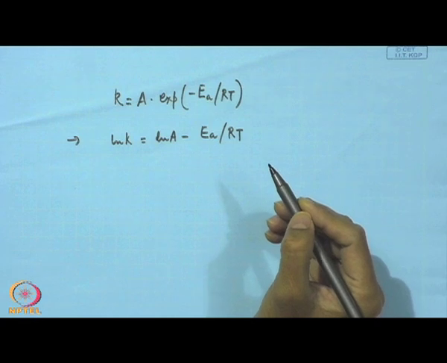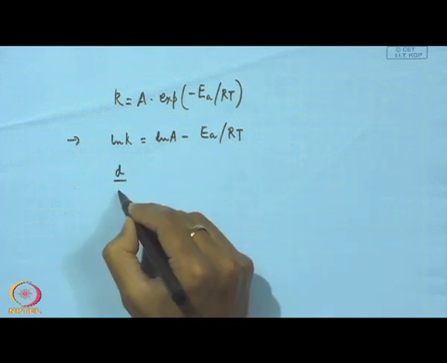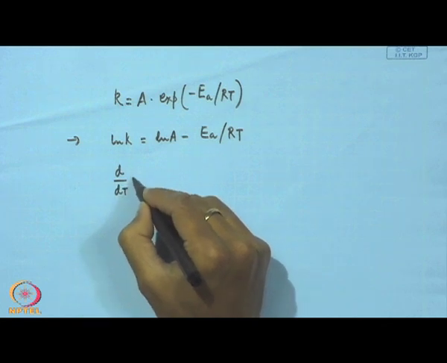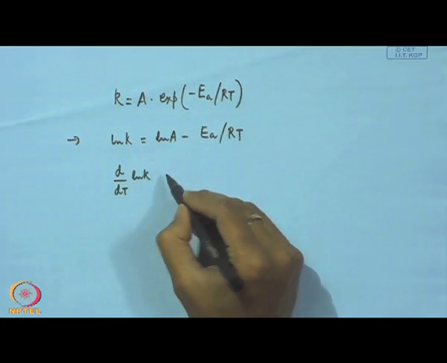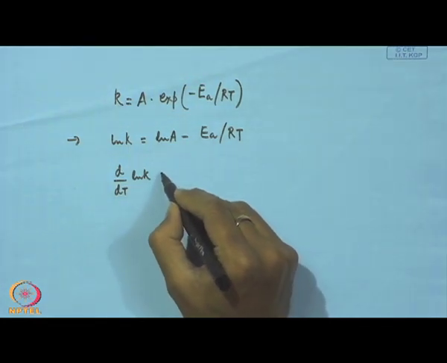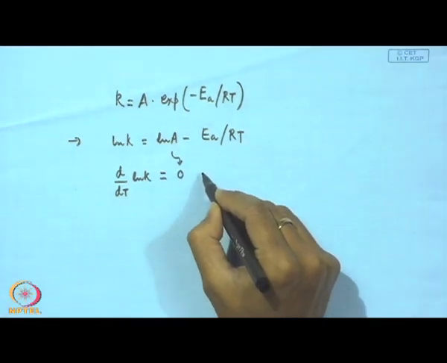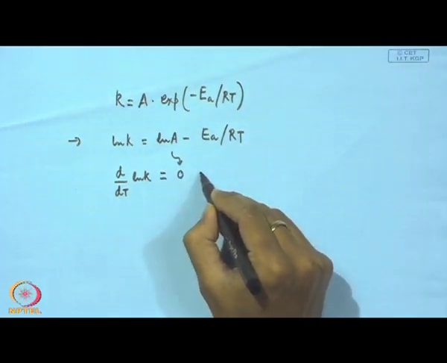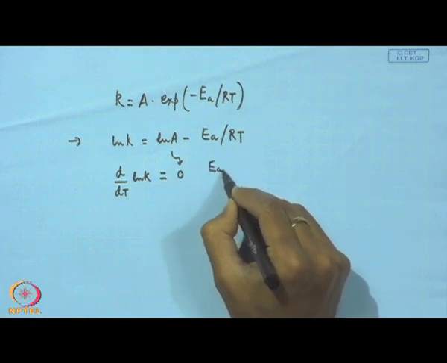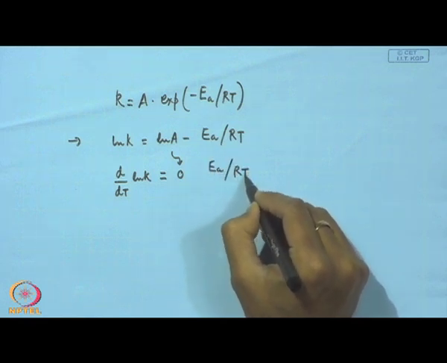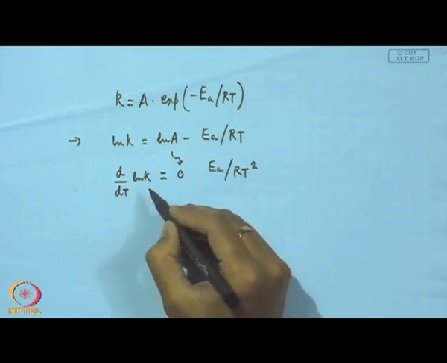Now, you differentiate with respect to T. So, d/dT of ln k will be equal to 0 and with a minus and then T square, so it will become EA by RT square, and this is in natural logarithm.